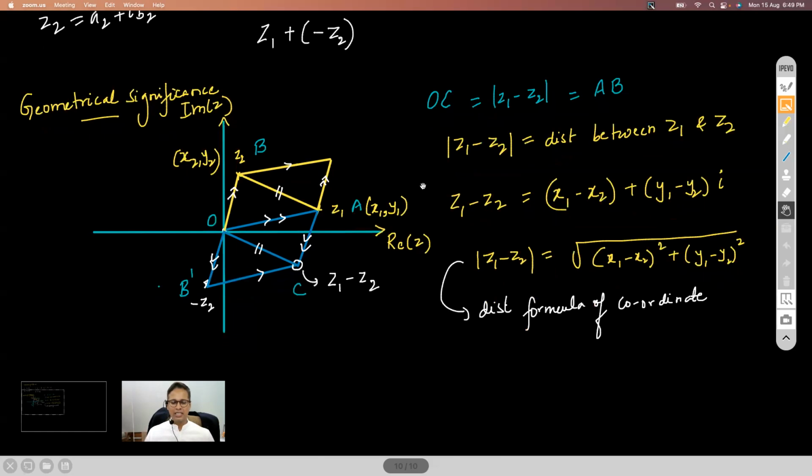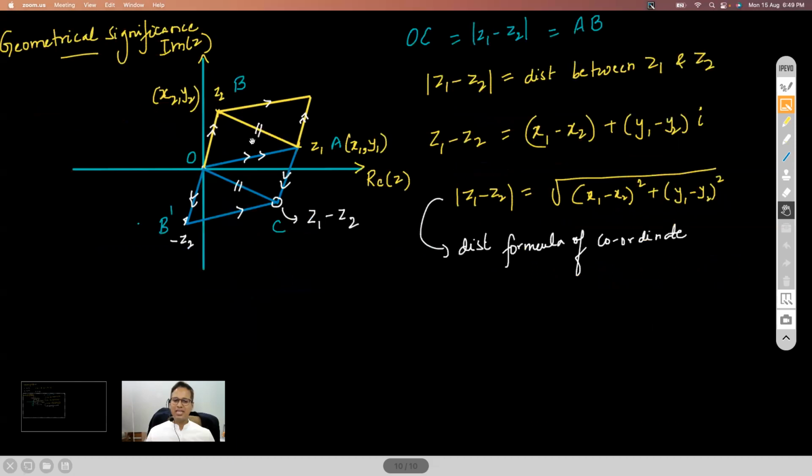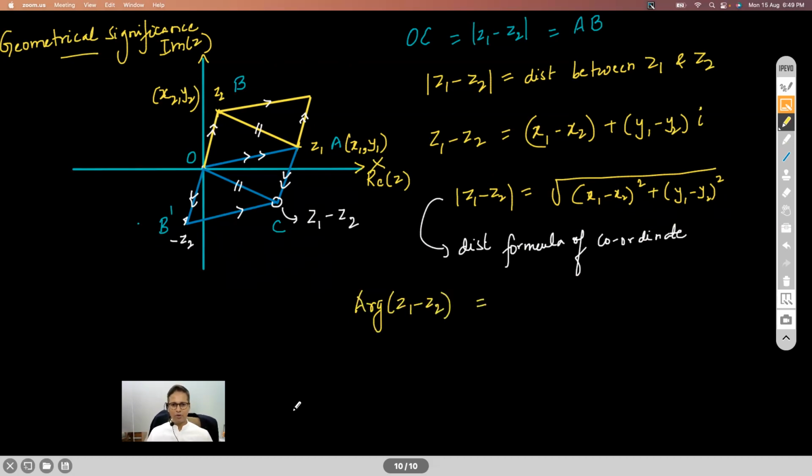Okay. Now here, tell me which angle signifies, let me call this as of now maybe capital X, just to give a name to it. Which angle here is the argument of Z1 minus Z2? Write it down on the chat box. Which angle? Tell me angle, this is the argument.